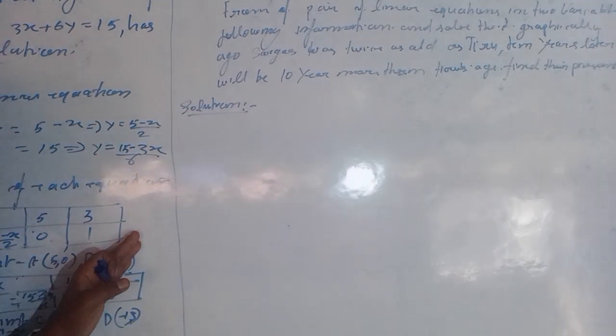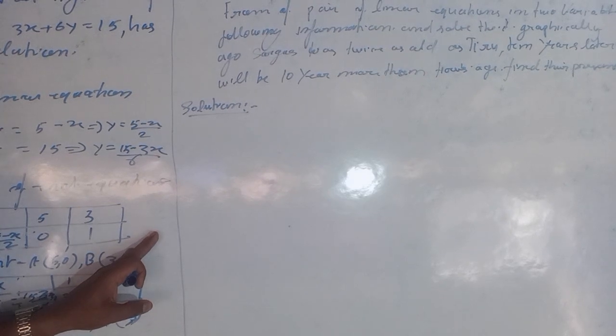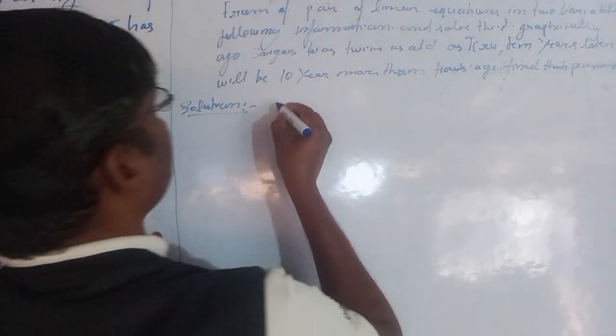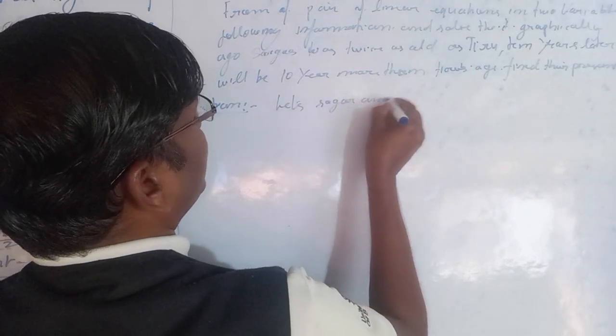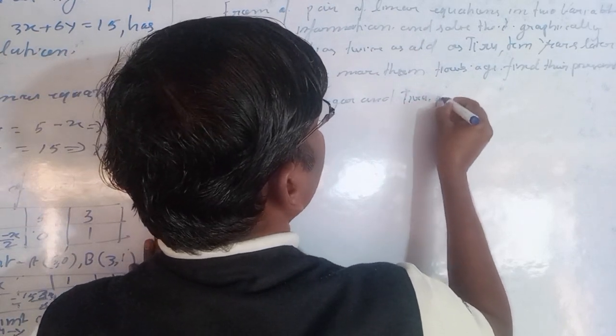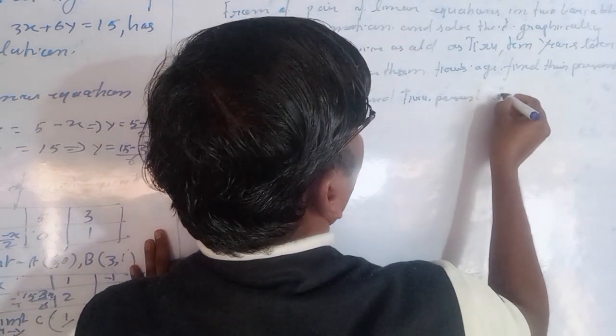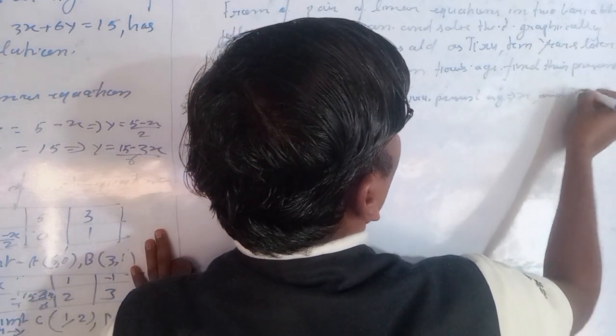Now we will try to solve. Solution of the question. So according to the question, let Sagar and Tiru's present ages be x and y.